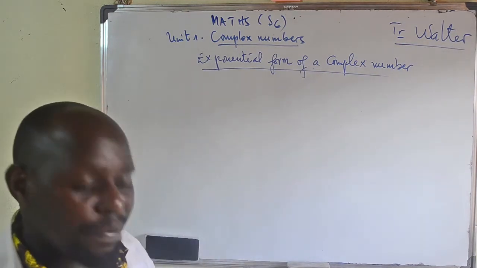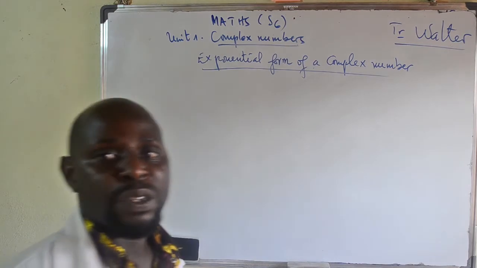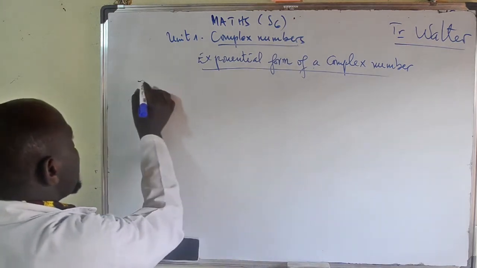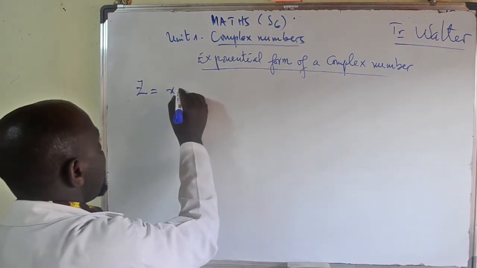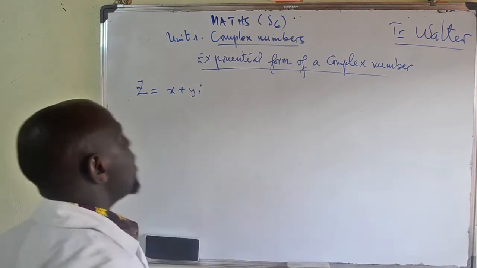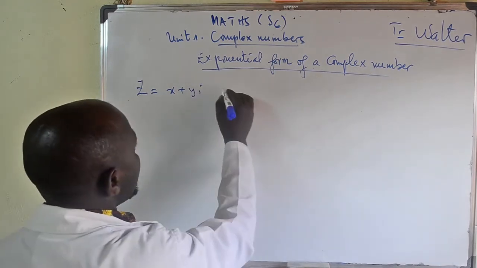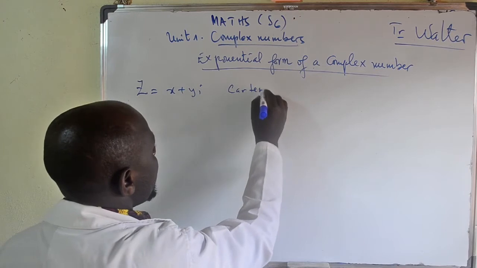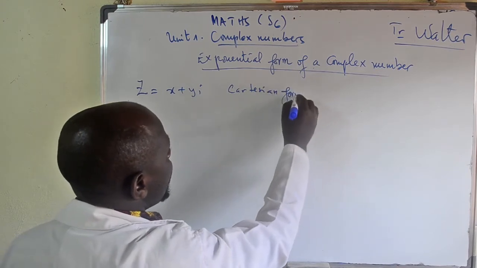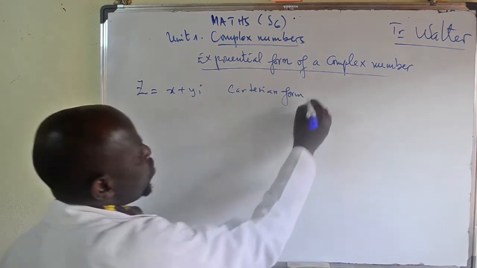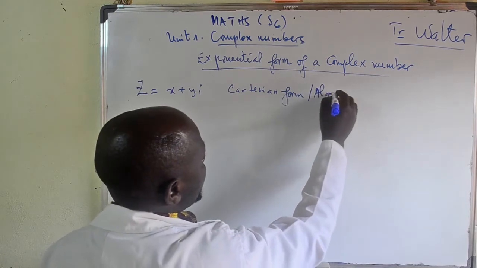So far, we have seen different forms that a complex number can be represented with. We have seen first of all that a complex number z can be in the form x plus yi, and this we called the Cartesian form of a complex number, which is also called the algebraic form.